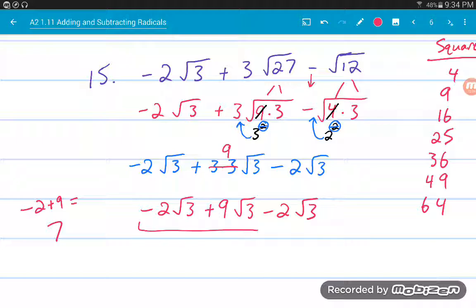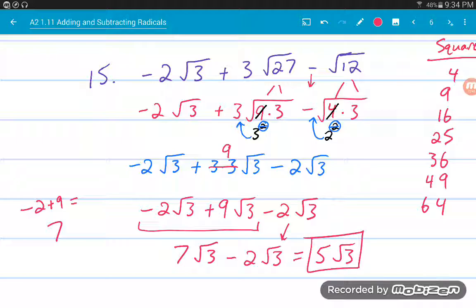So this right here is 7 rad 3 minus 2 rad 3 brought down. 7 minus 2 is 5 radical 3. Okay, so it's really just about what we said in the beginning. Simplify all the terms themselves, and then you should find like terms and you can combine them.